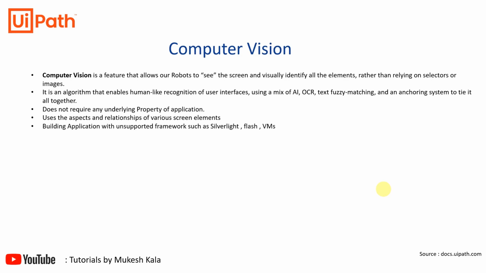The way a human identifies elements on the screen, the same thing is done by computer vision with a mix of technologies such as artificial intelligence, OCR technology, text fuzzy matching, and the anchor system, all tied together into a single bundle called computer vision.